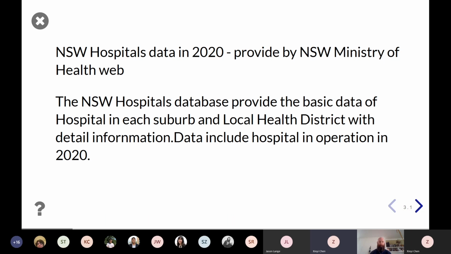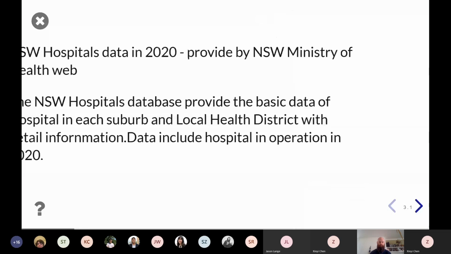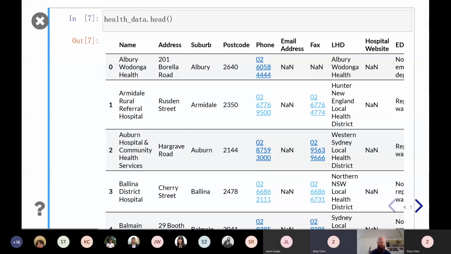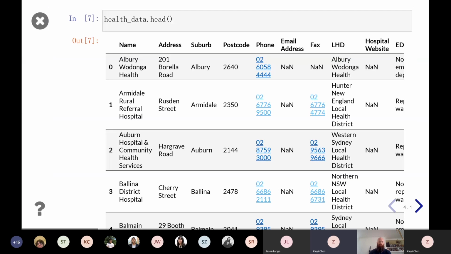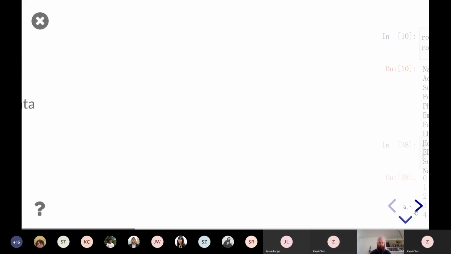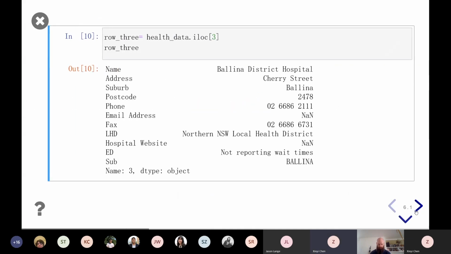So basically this is the data I received. I got the data set here, and I used it to create the geo map.